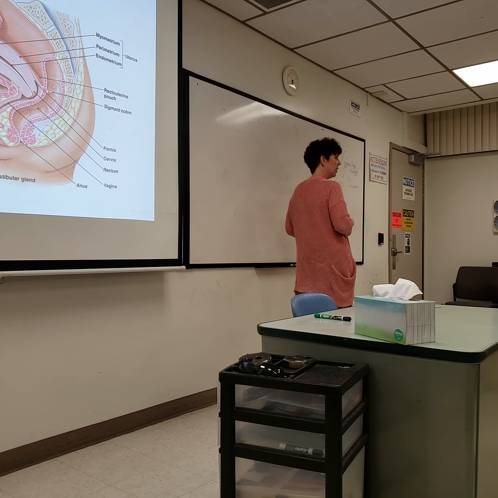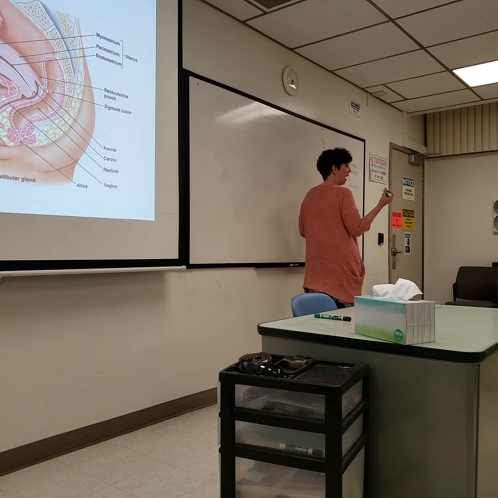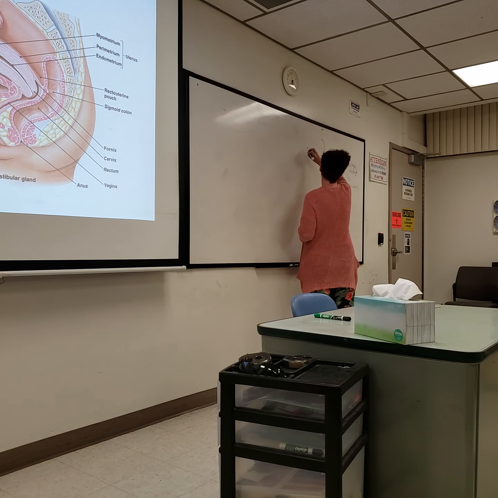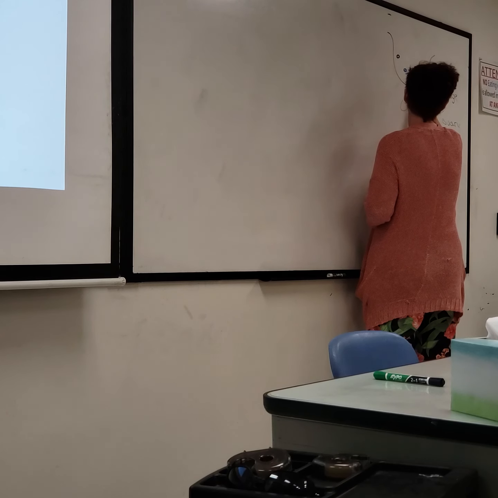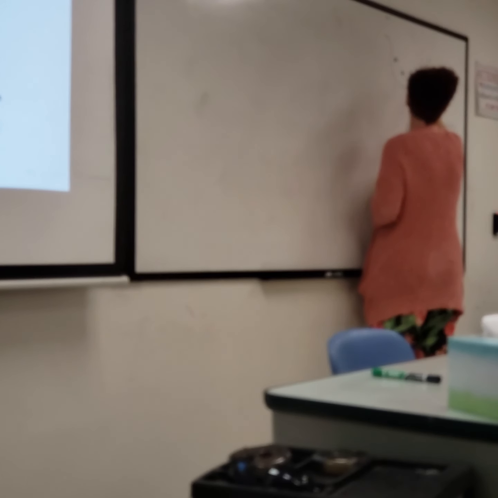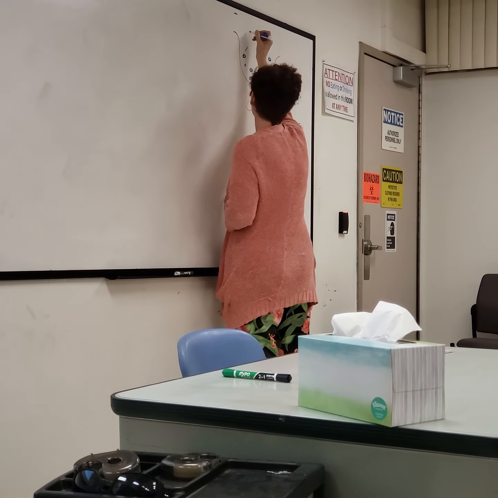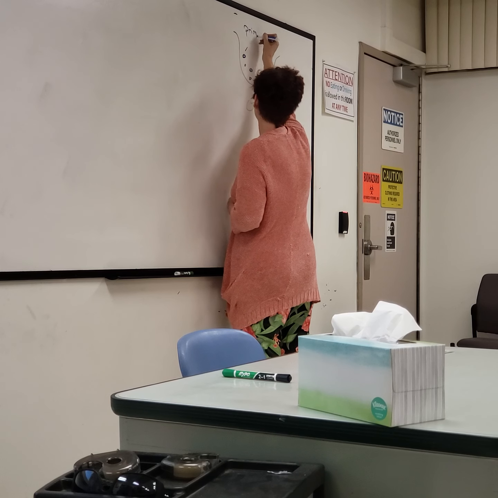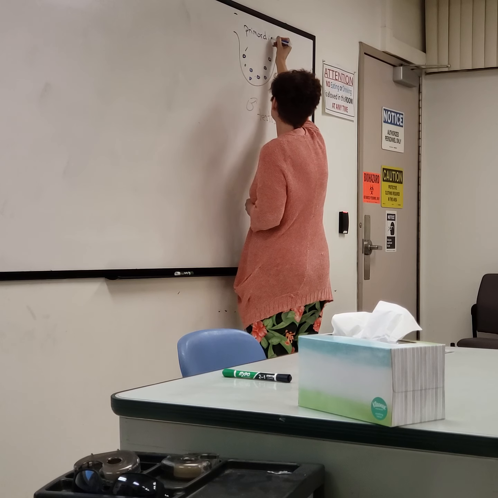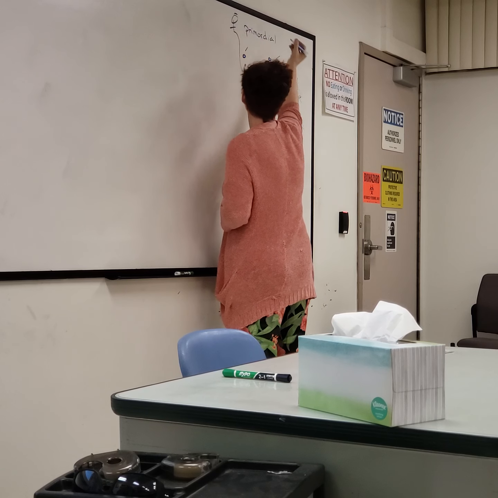And then the oocytes, or the primordial germ cells, migrate up from the yolk sac, and they're placed here. So these are actually the primordial germ cells, which will become the oogonia in the female.